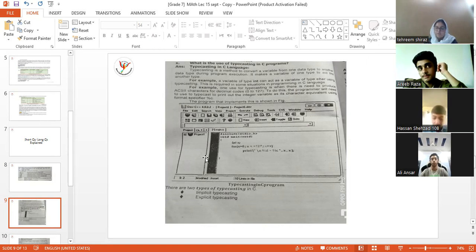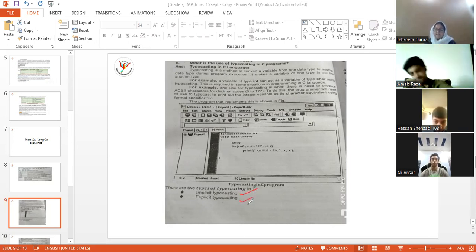When we convert a variable from one data type to another, it happens during the execution, and we are actually using typecasting. As I have already told you, there are two types of typecasting: one is implicit and one is explicit, right?